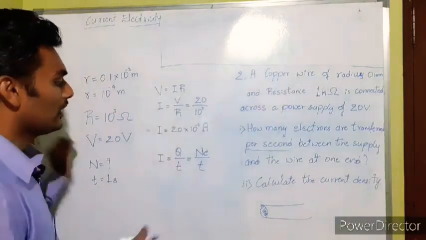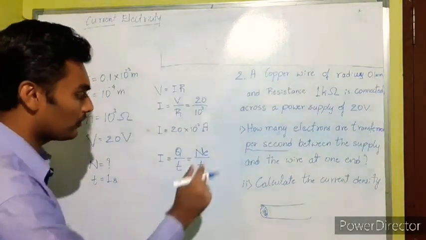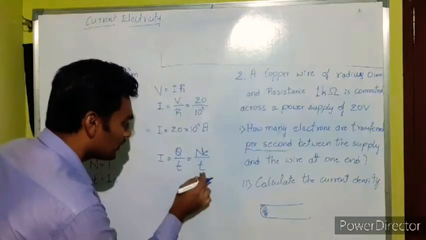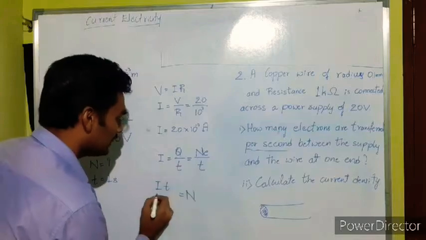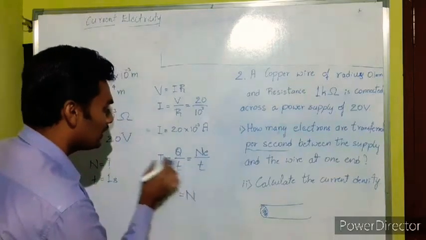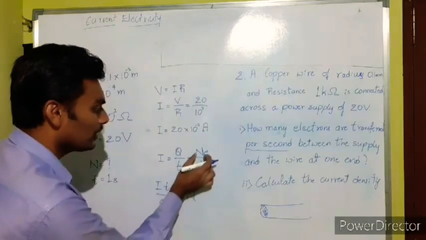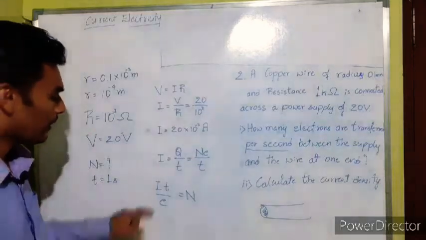What is our intention? Our intention is to get the value of N, right? The number of electrons flowing. So N becomes equal to, if I send T here, IT divided by E, right? IT comes here, E comes to the denominator. So N becomes equal to IT by E. Clear with this?